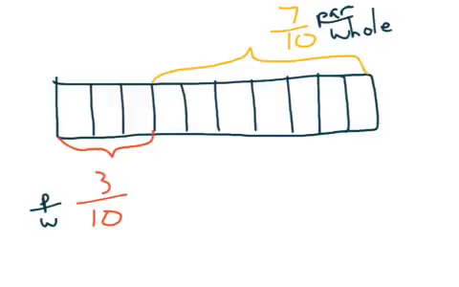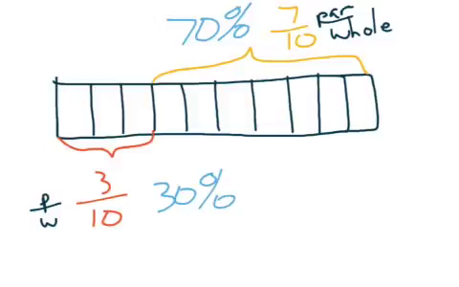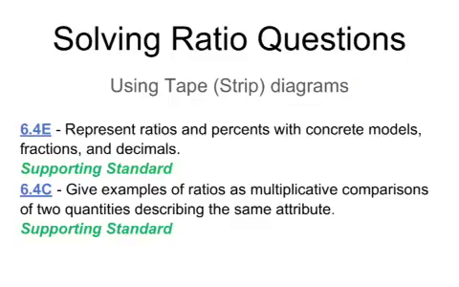You know that the cones were 70%, because 7/10 equals 70%, and then we know that the cups were 30% because 3/10 represents 30%. So just using the same kind of model, putting it together to show you percentage. Okay, so that's a look at representing ratios and percents with concrete models.